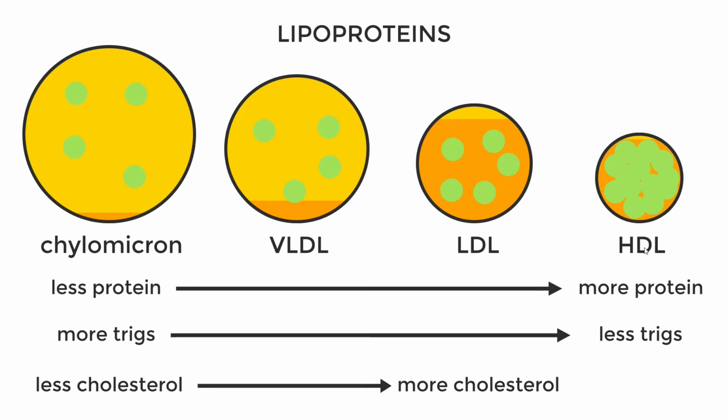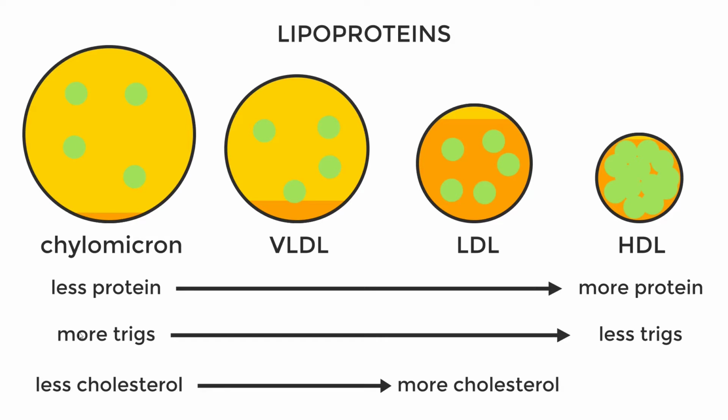You can think of them as existing on a continuum from big to small, less protein to more protein. The apolipoproteins are represented by these green dots here, and as you go in this direction, they're going to have more and more apolipoproteins.